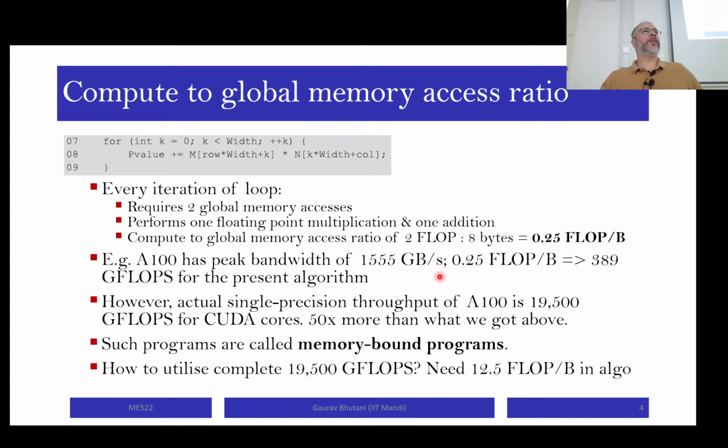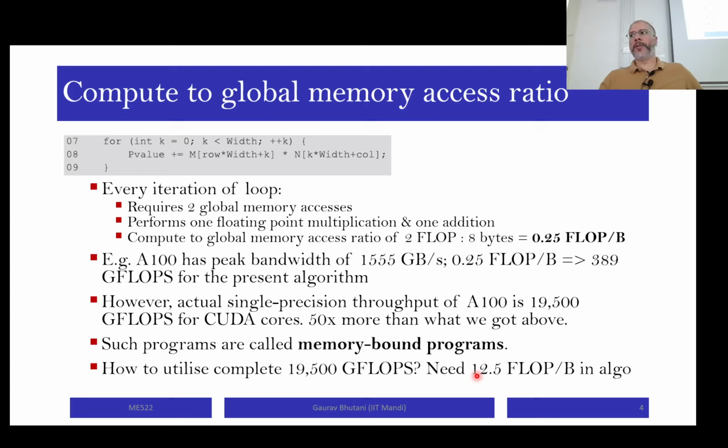So now we have to think, if you have to redesign the algorithm, what is the ideal floating point operations per byte we need to be able to utilize this complete 19,500 gigaflops. That of course is 50 times of this, so that is 12.5 floating point operations per byte that you need to utilize this 19,500. So you are using 0.25 flops per byte and you need 12.5 flops per byte.